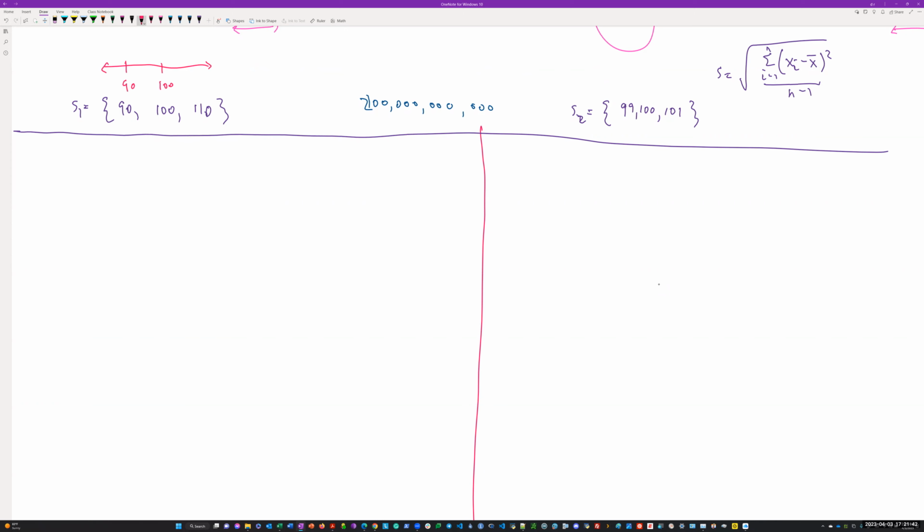So these are these two data sets. The average of this one is here, and the average of that one is there. Any question?